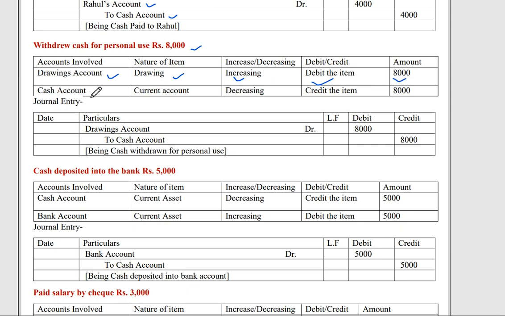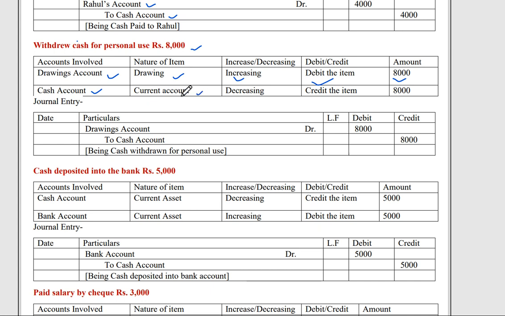The other account being affected here is the cash account. The withdrawal is done in the form of cash. An asset can also be drawn, but here they have specified it is cash.